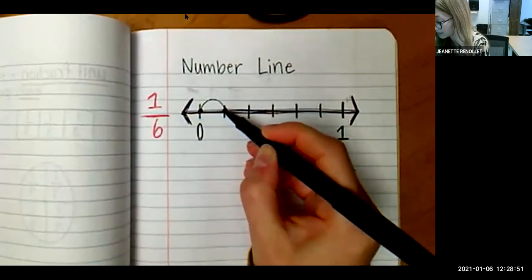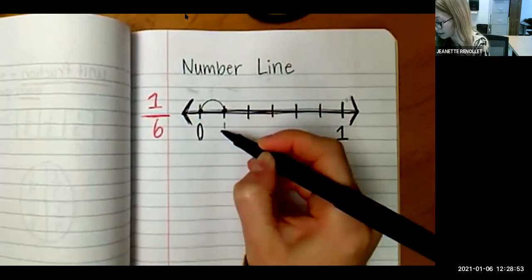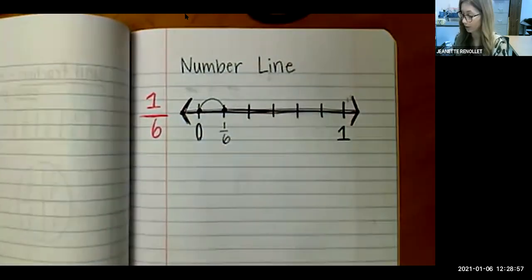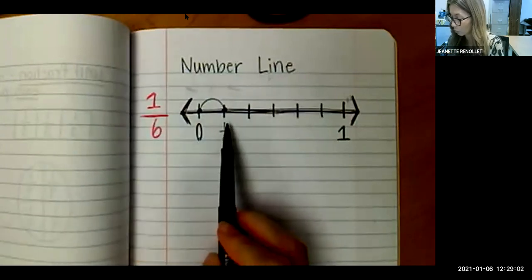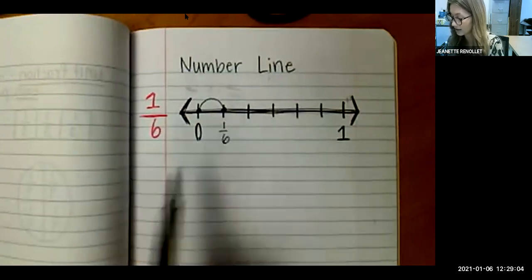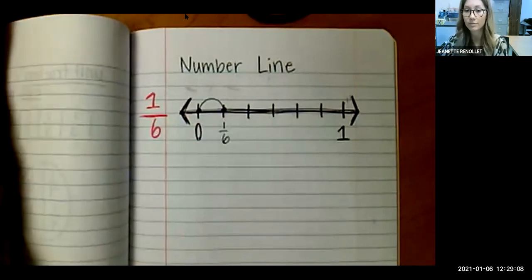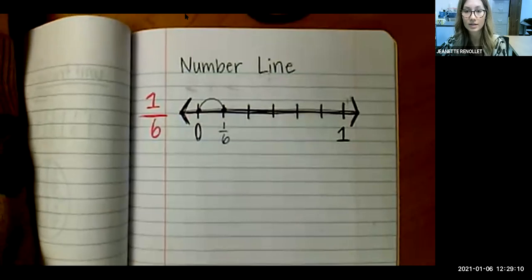This is 1/6 because it is 1 part out of 6 parts. We have just shown where 1/6 is on a number line. Great job. Check your model. Make sure it's correct.